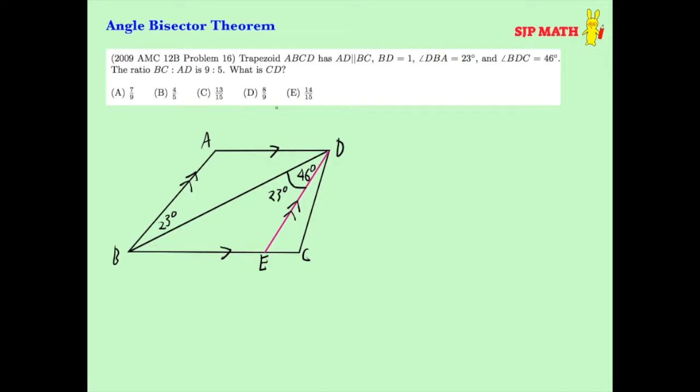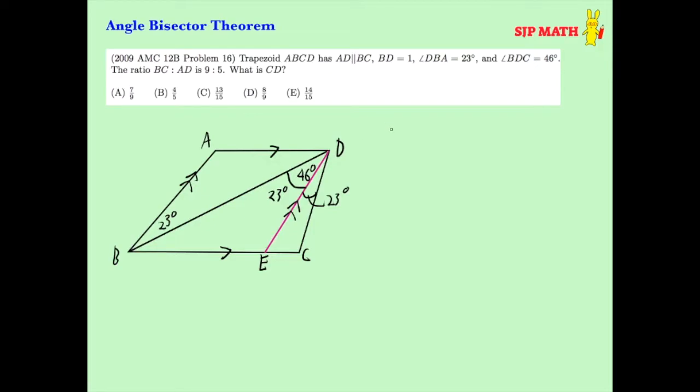And we can find the measure of angle CDE, which is angle BDC minus angle BDE, which is 46 minus 23 equals 23. So now we see something interesting. The measure of angle BDE is equal to the measure of angle CDE. So line segment DE is an angle bisector of the angle BDC.